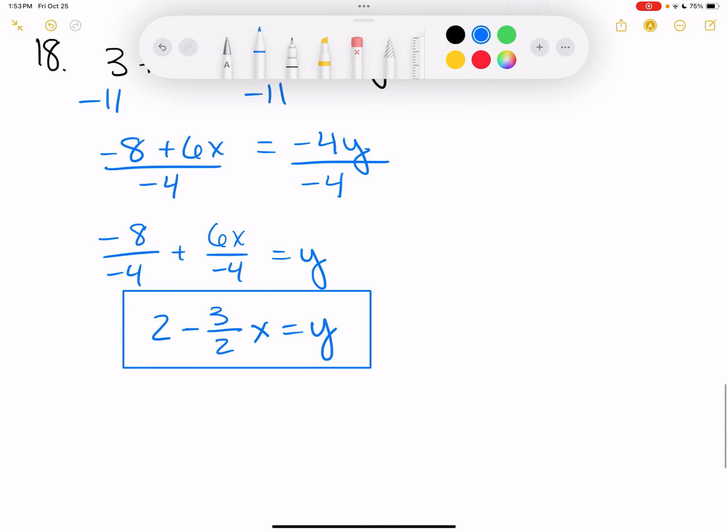All right, 2 more things and then we're done. These ones say to solve the formula for the indicated variable. Okay, so these are actual, like, geometry formulas, and we're solving for a particular variable. So this is number 20, the volume of a rectangular prism.